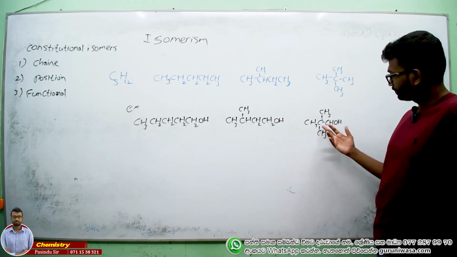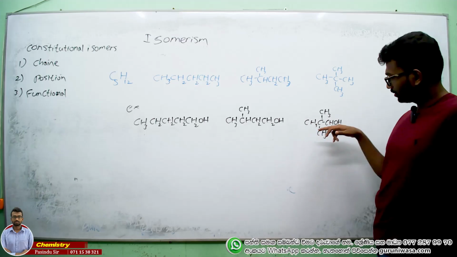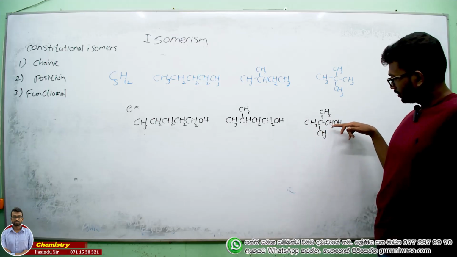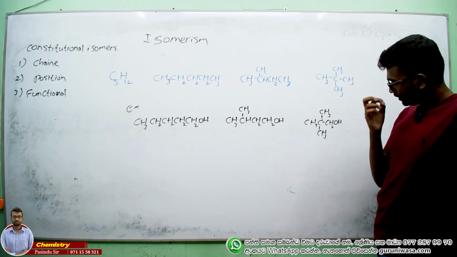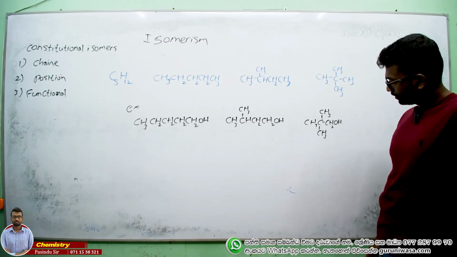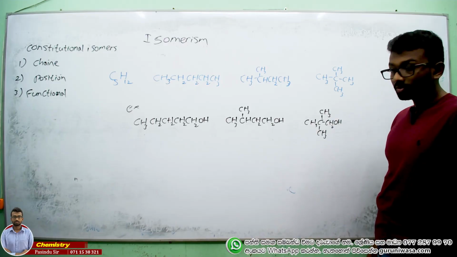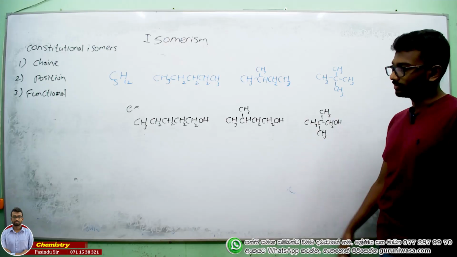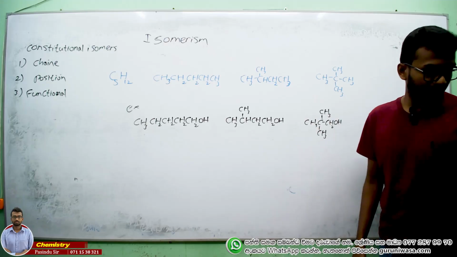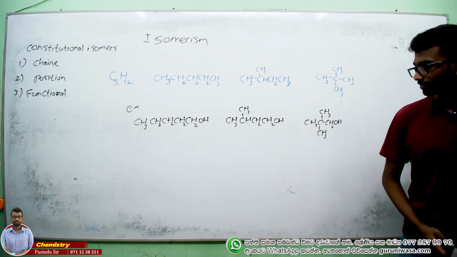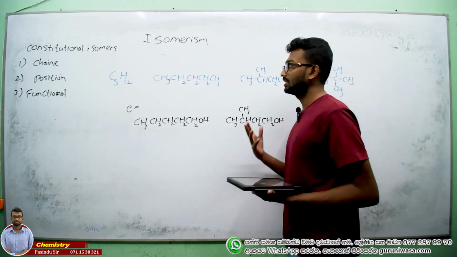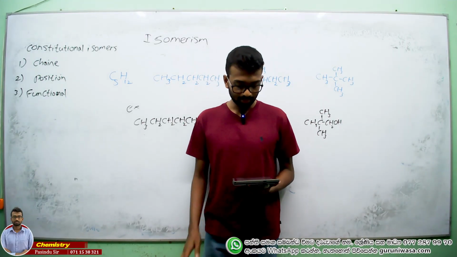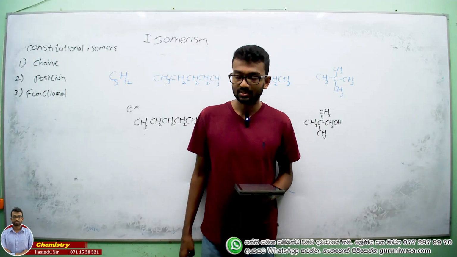This one is 2,2-dimethylpropanol. So different names. Understand the difference: only the carbon chain differs, that's why you call them chain isomers. Then next one, position isomers.